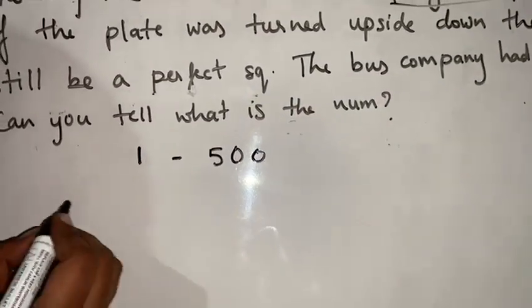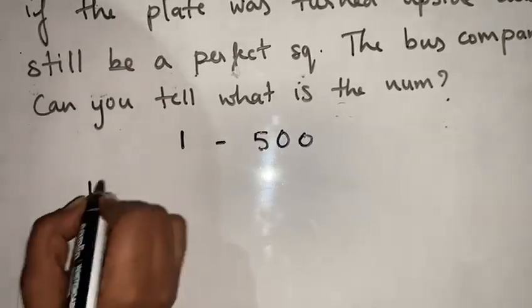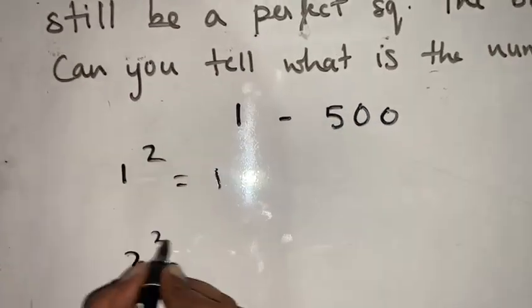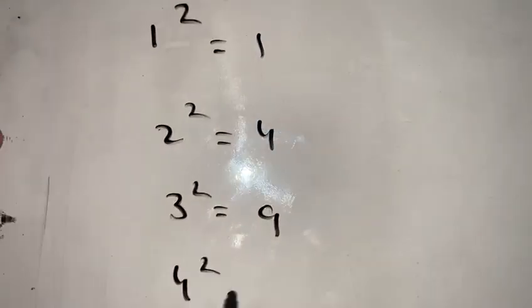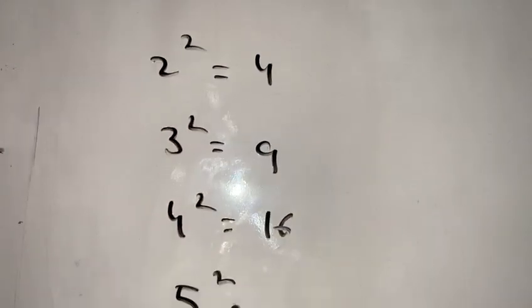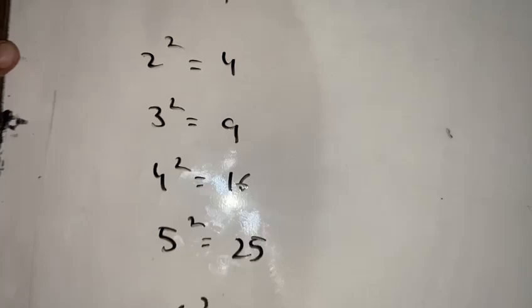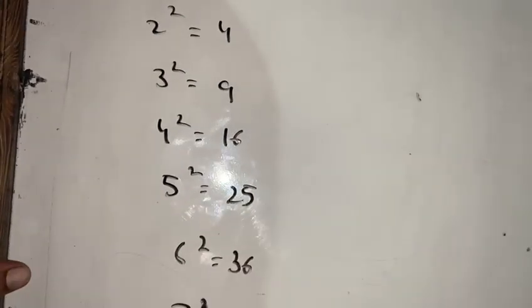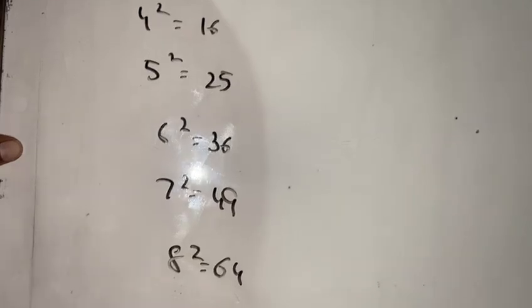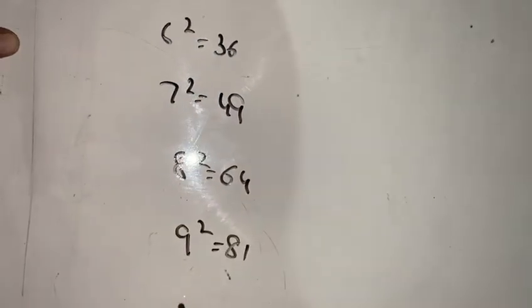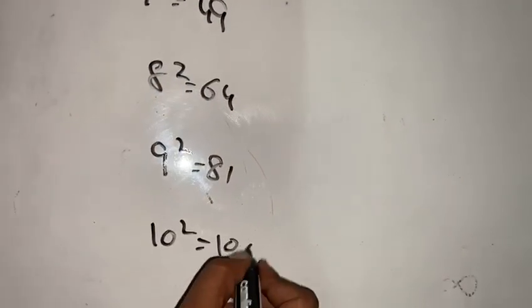If we start squaring the numbers, 1 square is 1, 2 square is 4, 3 square is 9, 4 square is 16, 5 square is 25, 6 square is 36, 7 square is 49, 8 square is 64, 9 square is 81, 10 square is 100.